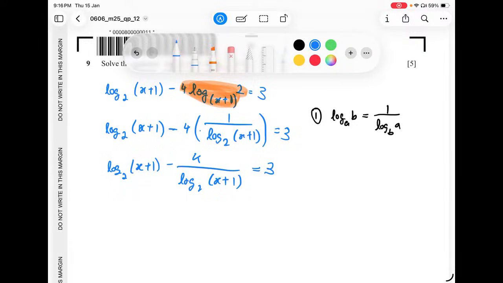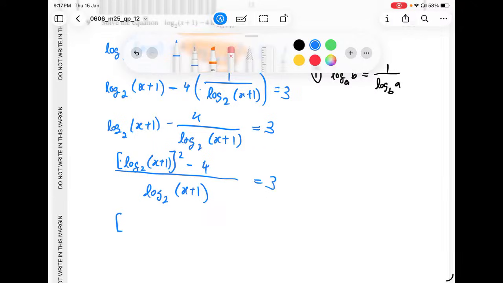So now when you make the same denominator, this should be log_2(x+1) squared minus 4 equals 3.